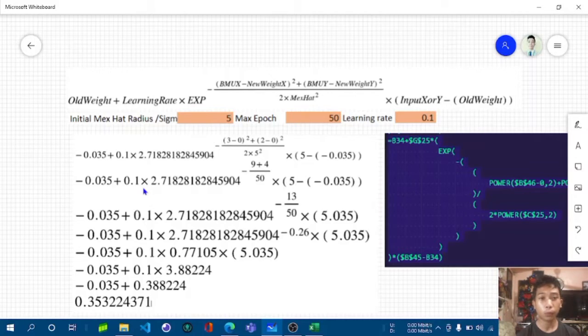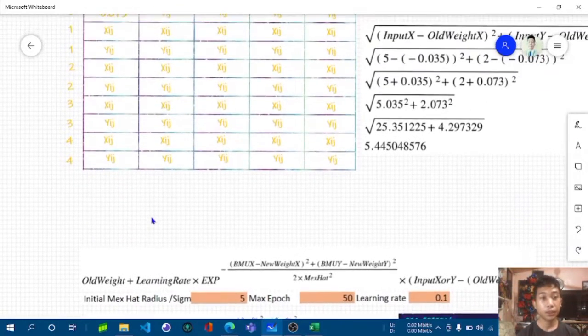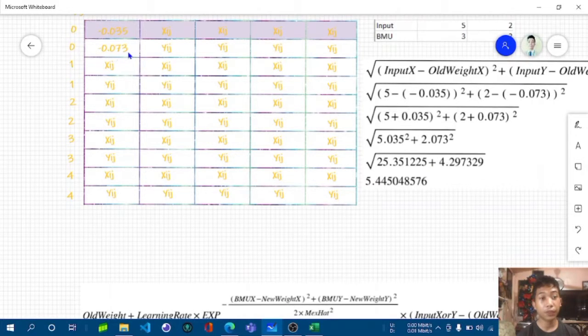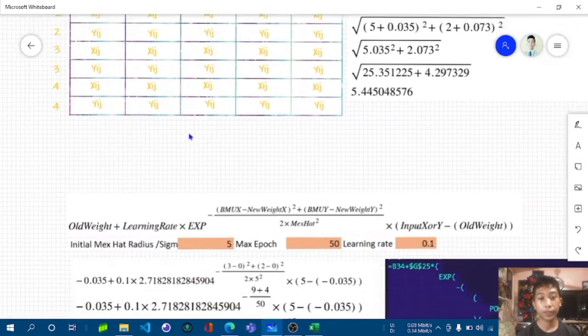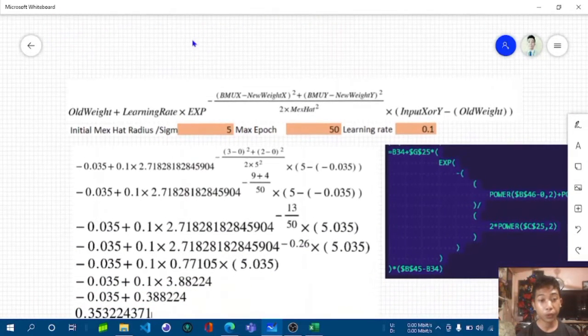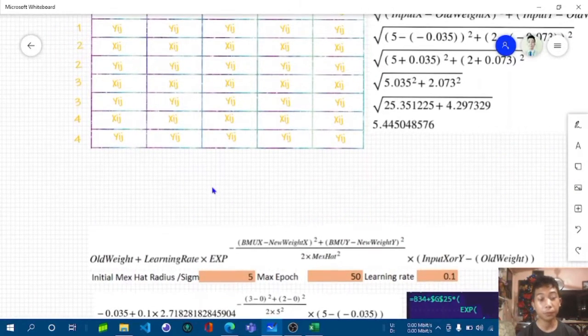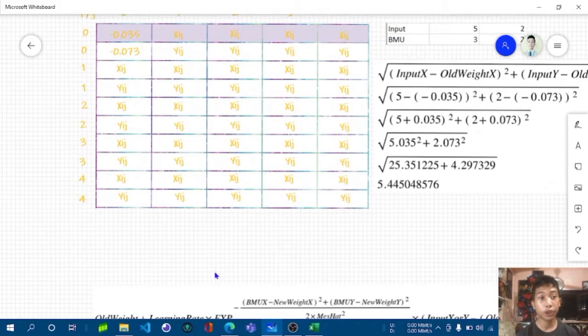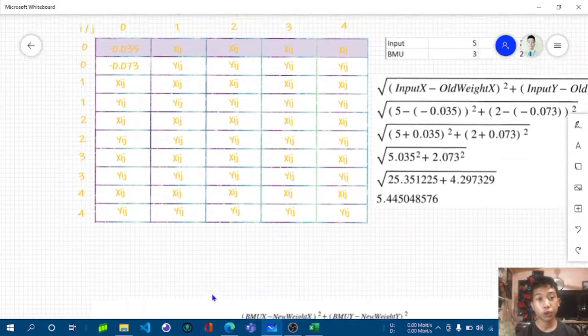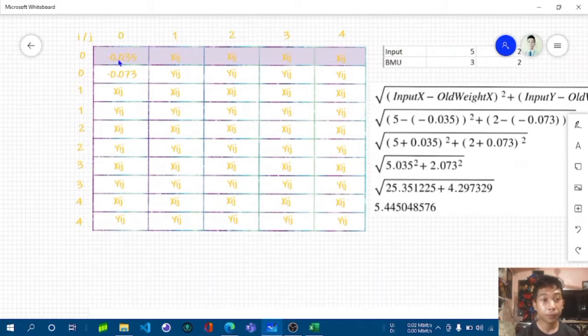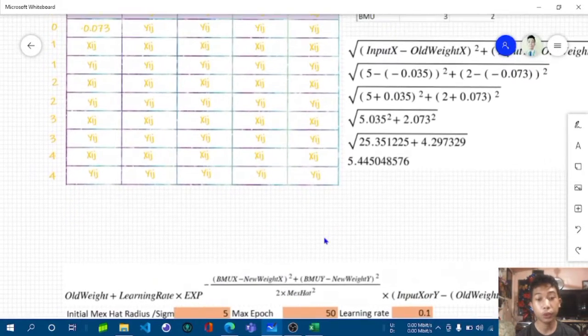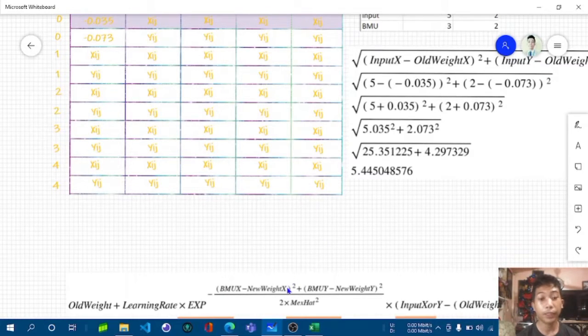So what should we do for the value of y? So we need to change the value of x to y, which is negative 0.073. And with the same method we use, we can get the new weight for each neuron. So here, as you can see, when using the formula, the new weight x would depend on the index.